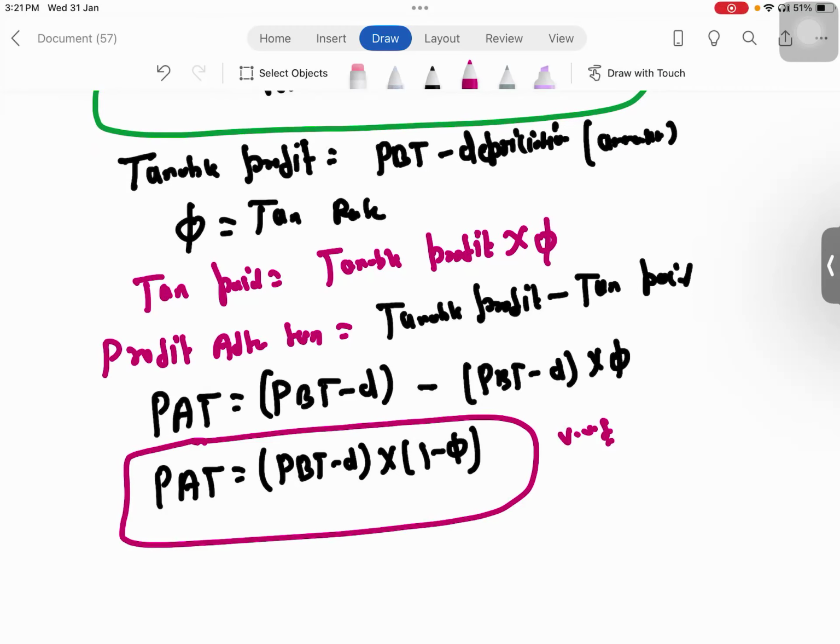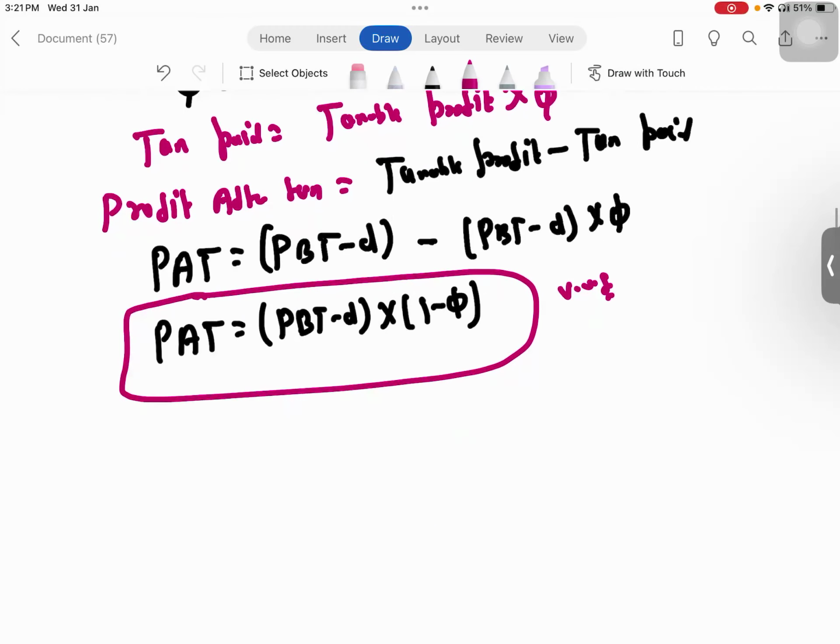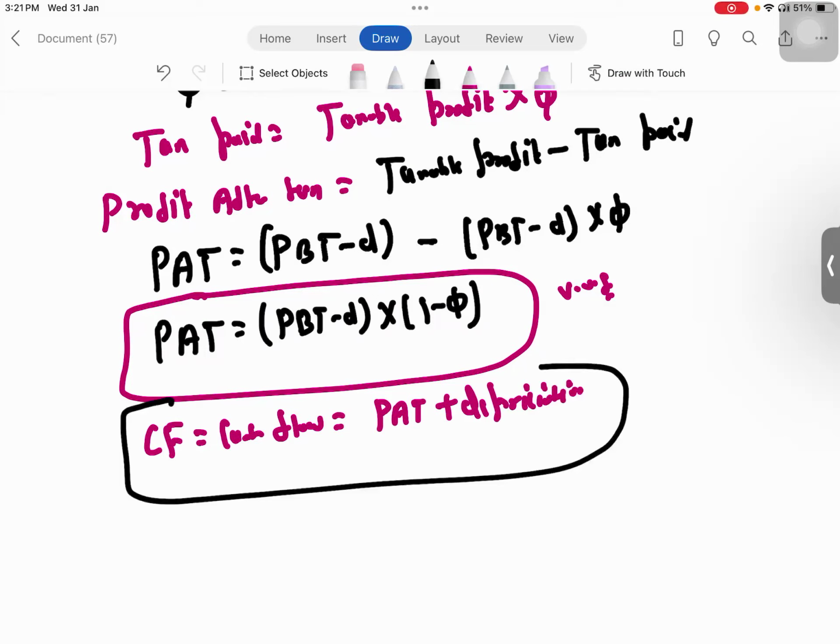Now, once you have calculated the profit after tax, you will calculate cash flow. Cash flow equals profit after tax plus, again, depreciation. So you'll be calculating this particular value based on that. So this is how a cash flow can be calculated.